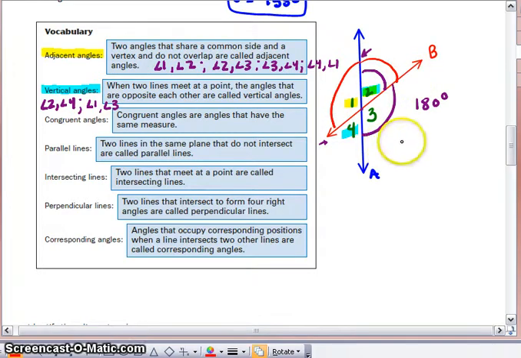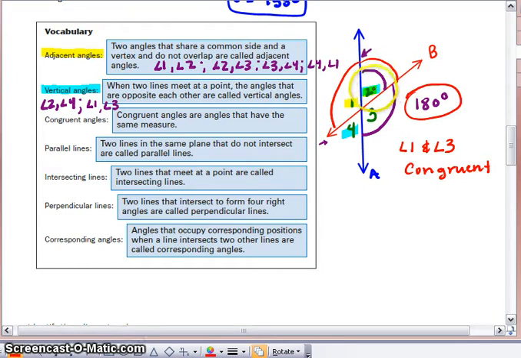That means that angle 1 and angle 3 are what we call congruent, because both of those angles form a 180-degree or have a supplementary relationship with angle 2. So angle 3 and angle 1 must be equal. Also, angle 2 and angle 4 are also congruent because they have the same relationship with angle 3 and angle 1, which makes them supplementary. So congruent angles have an equal number of degrees.